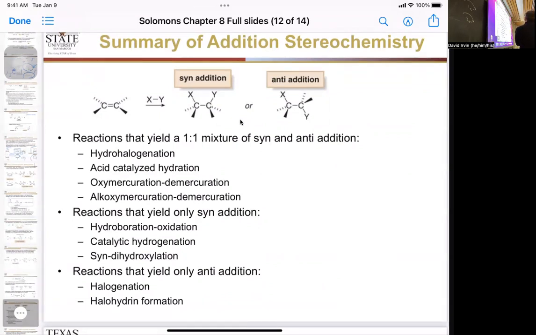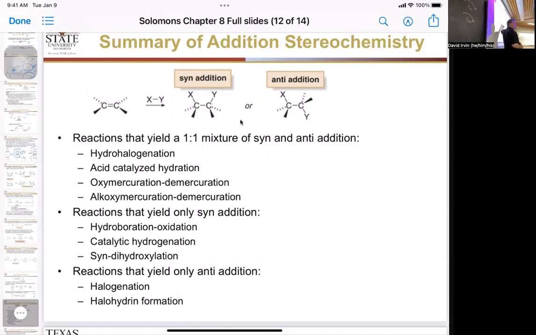We have a mixture of Syn and anti in oxymercuration-demercuration because the mercury is going to go on the top for one of the isomers. The mercury can attack first at the bottom, giving us another. So it looks like it's Syn and anti because it gives us a mixture, but technically it's anti-addition. Technically it's anti-addition, but it gives the products that give us Syn and anti, so that's why it's here.